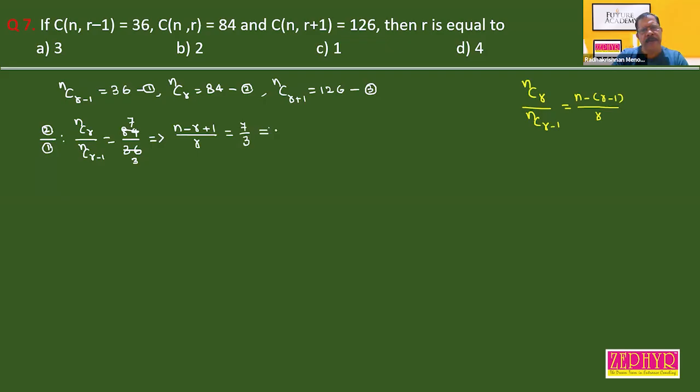You will be getting one equation in n and r: 3n minus 3r plus 3 is equal to 7r, which implies 3n minus 10r plus 3 is equal to 0.